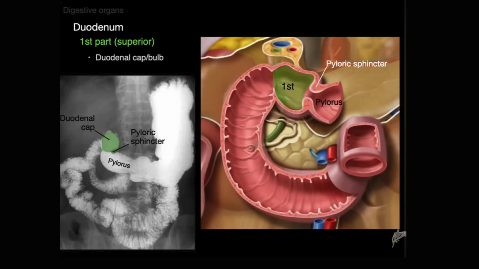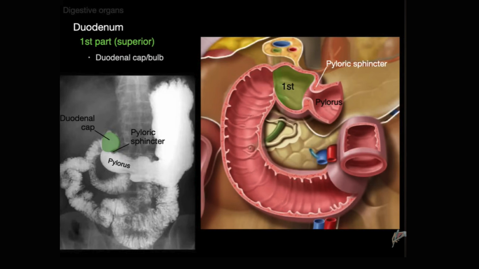If you look at the first part of the duodenum, you can see how it is made up of a smooth wall of tissue. That is what we call intraperitoneal, meaning it has no circular folds. On the left side, the live X-ray, you can see the stomach, the pylorus sphincter, and the first part of the duodenum.